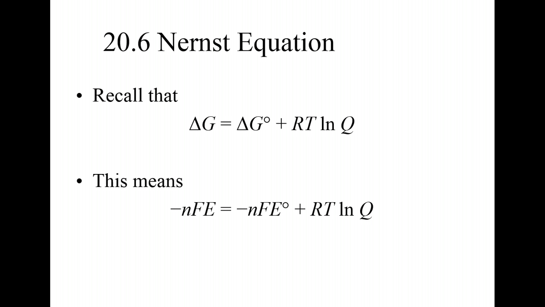To set the stage for the development of the Nernst equation, we start with an equation from chapter 19: delta G equals delta G standard plus RT natural log of Q. And this delta G on the left-hand side is for non-standard conditions.